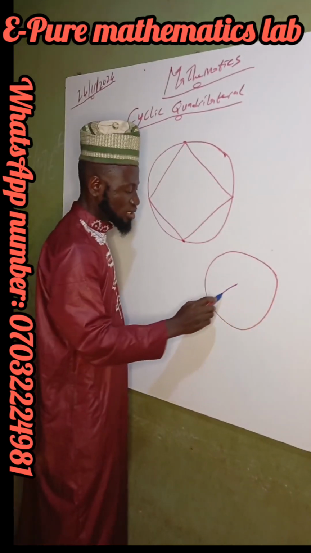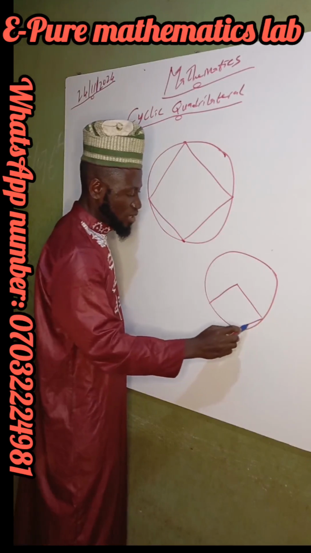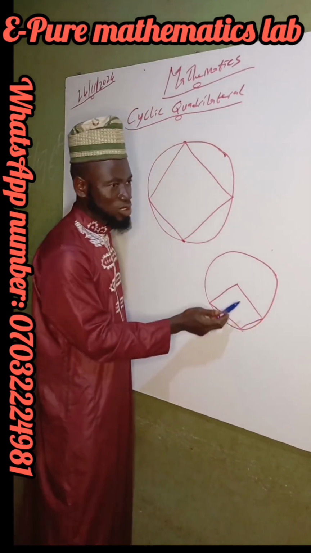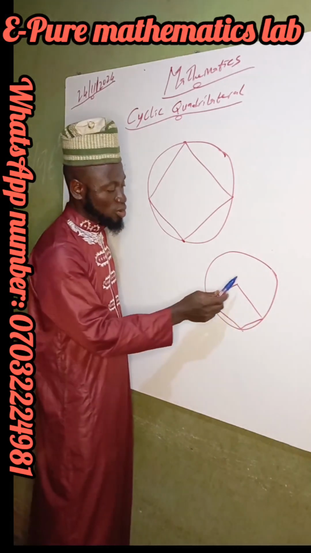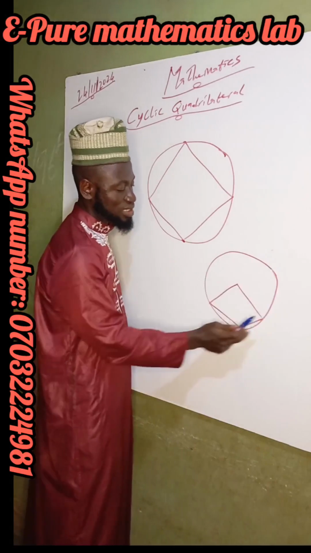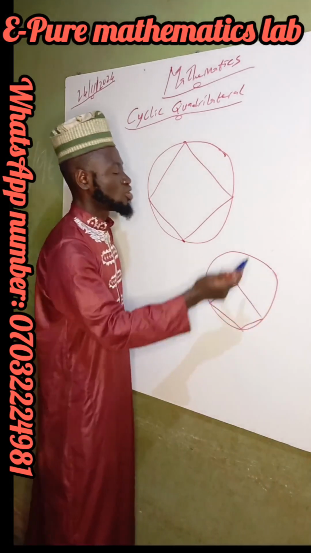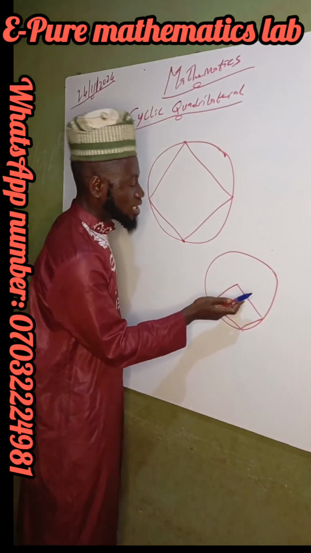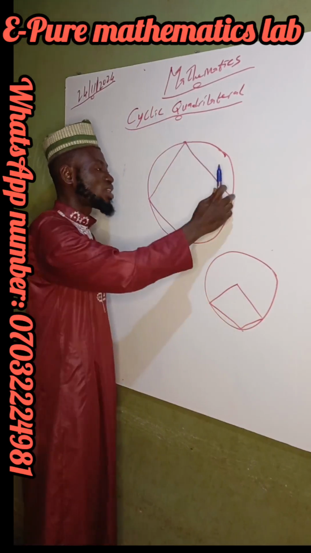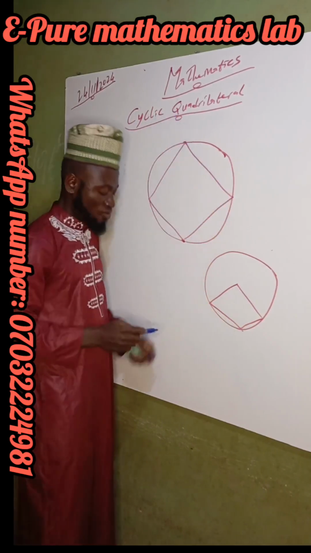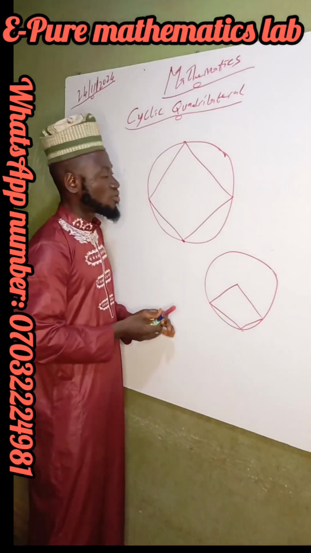And if I have something like this, yes, it's a quadrilateral, but it is not a cyclic quadrilateral. The reason is that not all four vertices are on the circumference of a circle. So a cyclic quadrilateral is a quadrilateral in a circle whose four vertices are on the circumference of the circle.